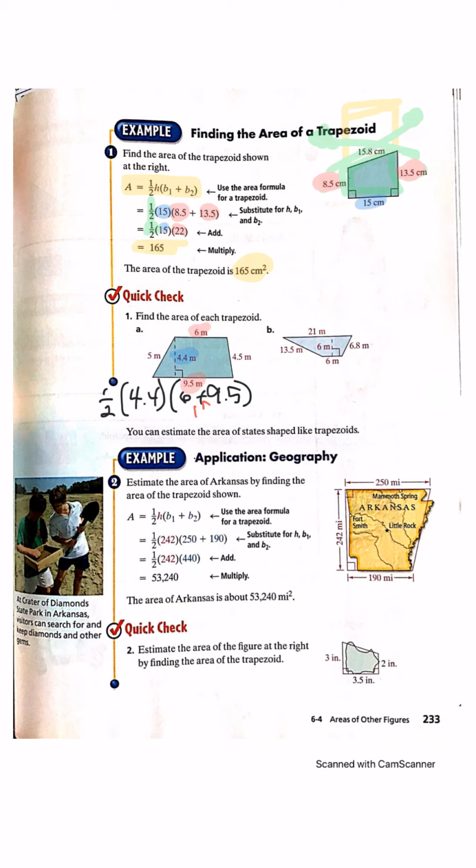There we go. 15.5. Ooh, and then my 5 looks like an S. You multiply that times 4.4. That's going to equal 68.2. And we're multiplying that by 1/2, which is the same thing as dividing by 2. And therefore our answer is going to be 34.1.